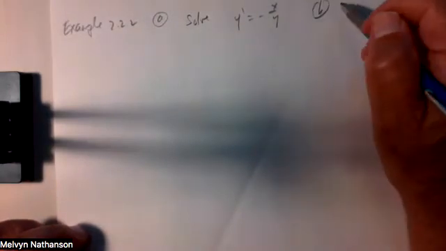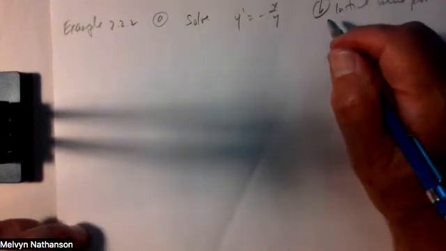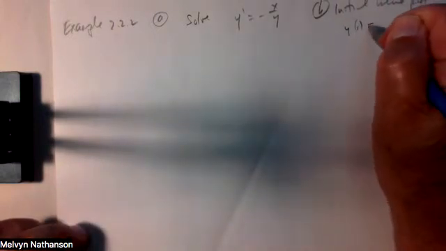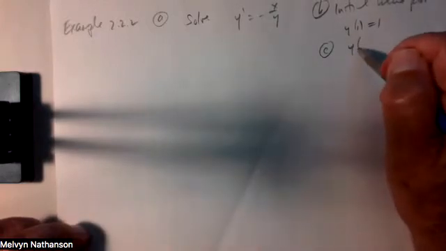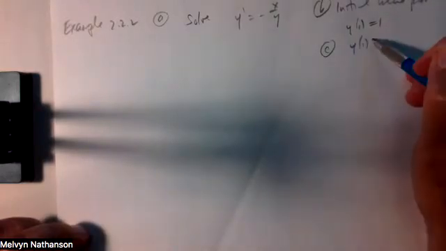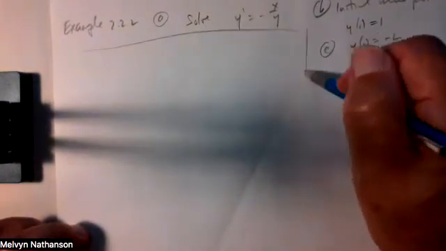Second, to solve the initial value problem: the same equation and the initial condition that y of 1 equals 1. And the third and last part is to solve the same differential equation with a different initial condition, y of 1 equals -2. So we have three problems to solve.